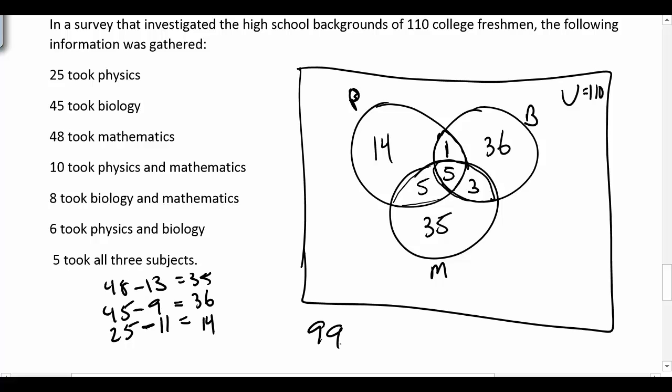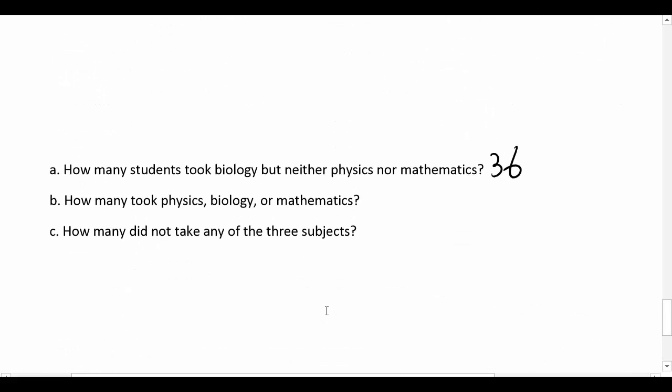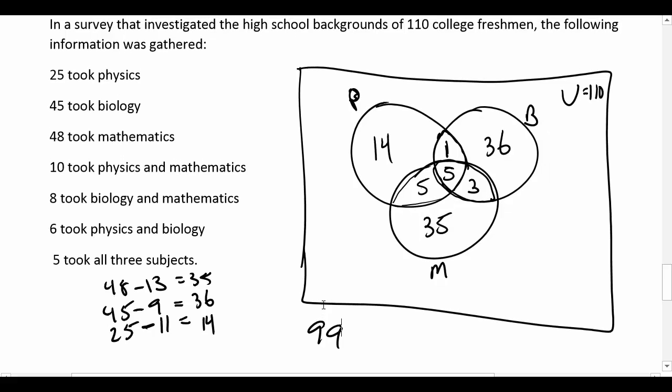Is that right? Okay, so how many of them don't have physics, biology, or math? If there's 110 in the total, then I want to subtract the 99. That means 11.